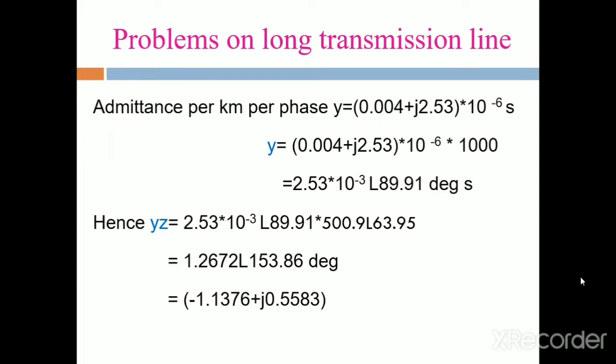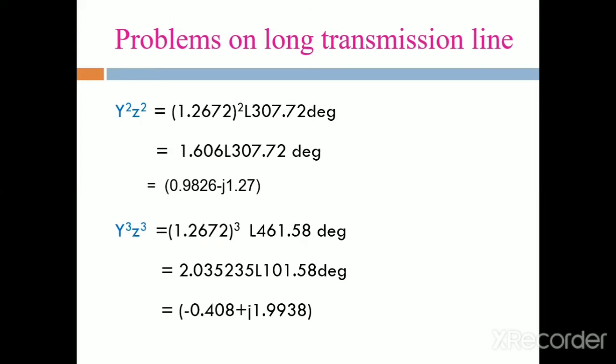We multiply these two values, then convert the result into rectangular form, that is minus 1.1376 plus j0.5583. Okay, this is the YZ value.